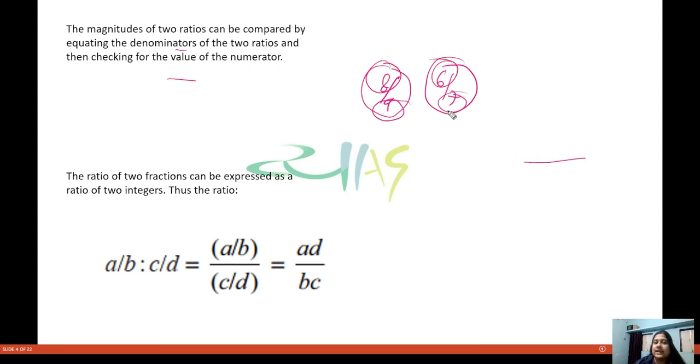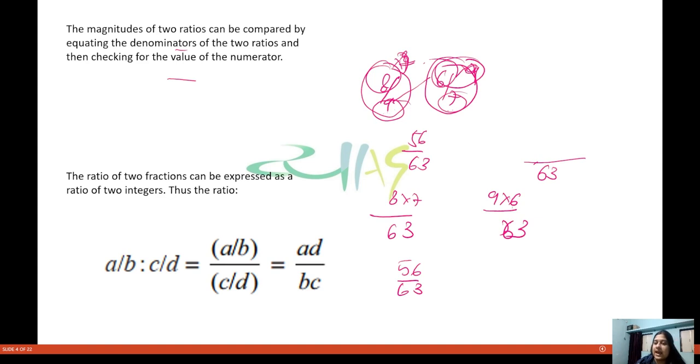So 9 sevens are 63. Because these are both co-prime numbers, we take the LCM to equate.